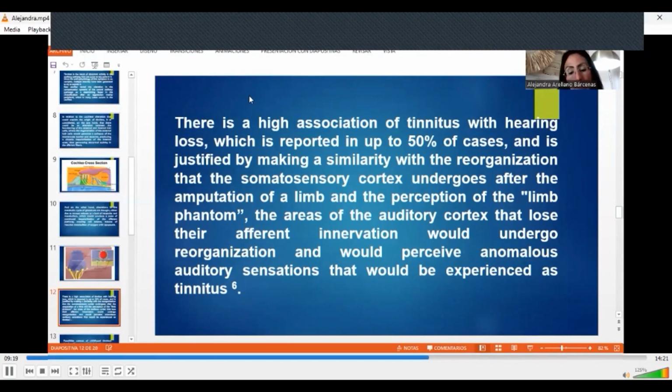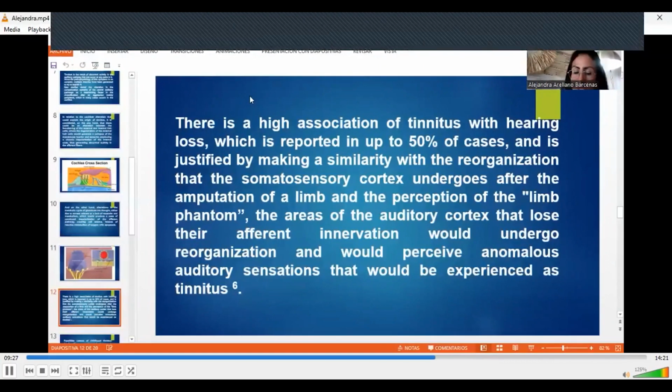The areas of the auditory cortex that lose the afferent innervation will undergo reorganization and will perceive anomalous auditory sensation that will be experienced as tinnitus.